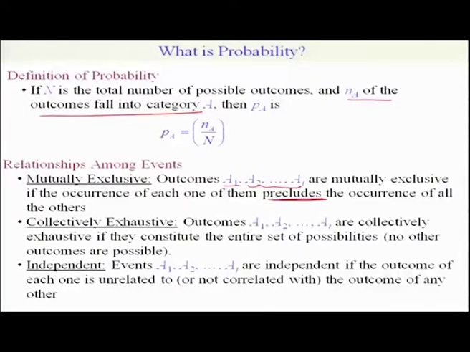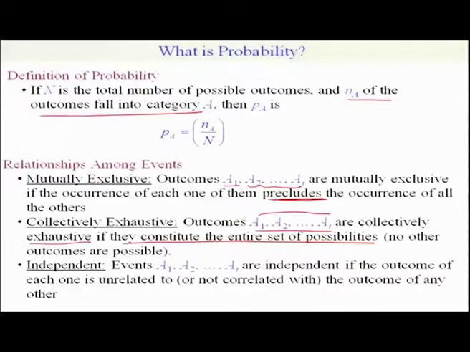Now, in addition, we can have collectively exhaustive, which essentially means that the outcomes A1 to AT constitute the entire set of possibilities. That means no other outcomes are possible, other than A1 to AT. Okay.